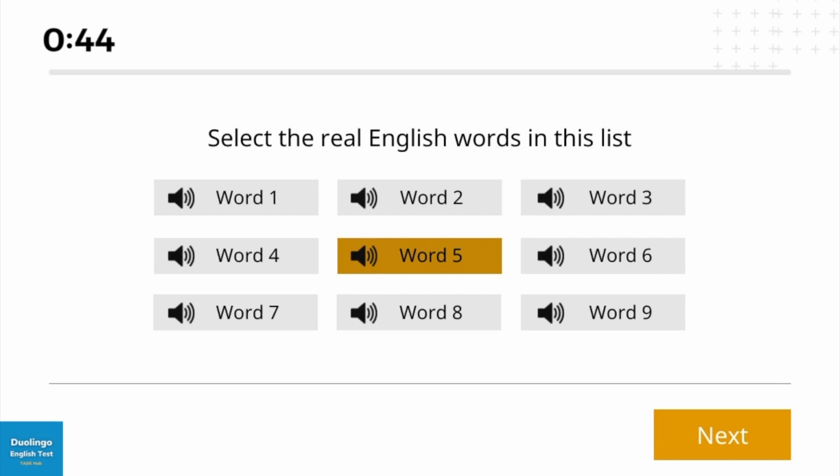Actor. Actor. War. War. War. Elsewhere. Elsewhere. Elsewhere. Decor. Decor. Decor. Band. Band. Band.